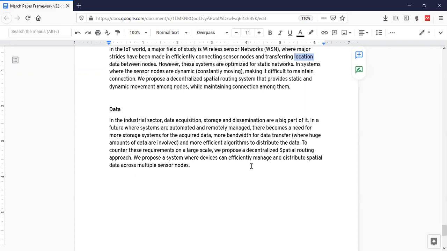There may not be infrastructure or network. It could be just a local wireless network. That's when you could run into problems and face challenges with a traditional centralized approach. Does that make sense?